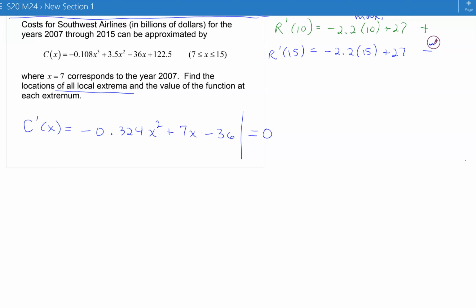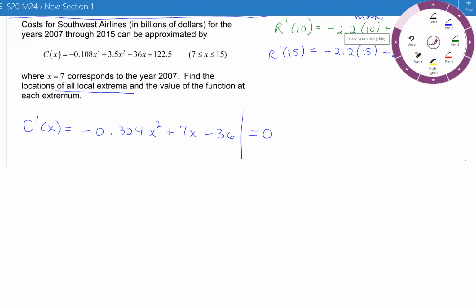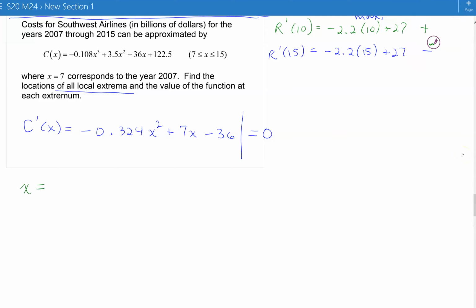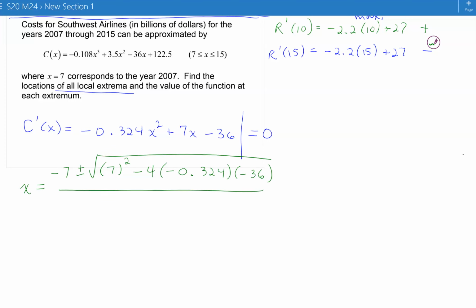Well, that's pretty ugly, but we are algebra professionals, and we have a tool that helps us find the solution of a quadratic. Oh yeah, it's the quadratic formula. So I'm going to have the opposite of 7 plus or minus the square root of 7 squared minus 4 times a times c, all over 2a.